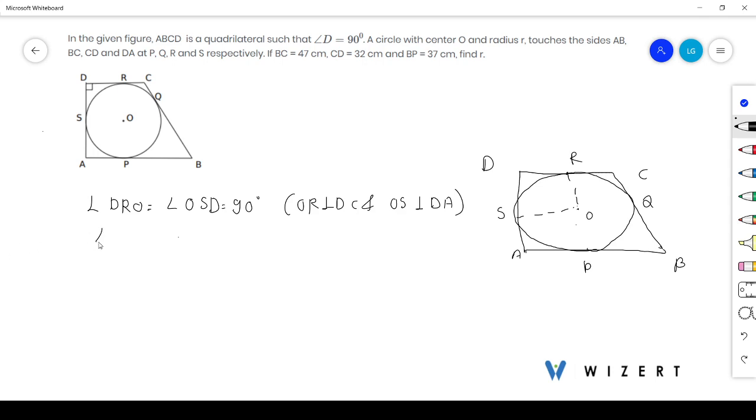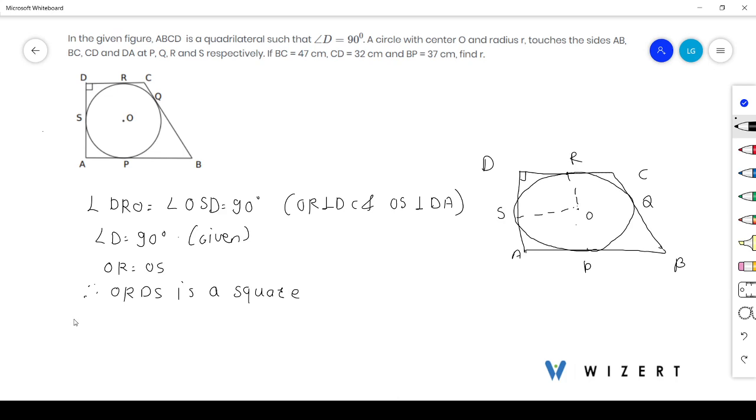We have given that angle D equals 90 degrees. Also, OR equals OS, radii of the same circle. Therefore, ORDS is a square.